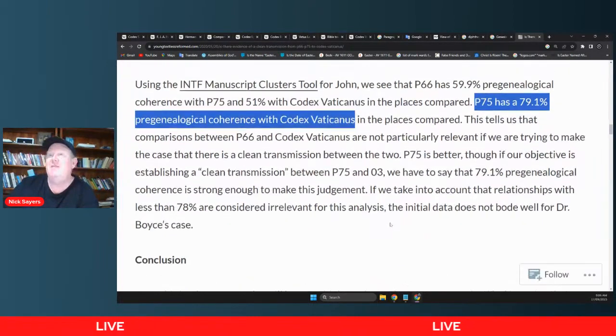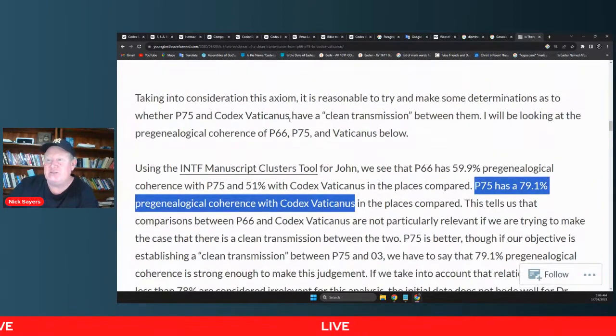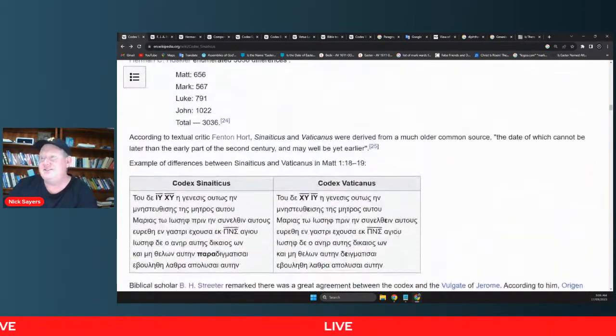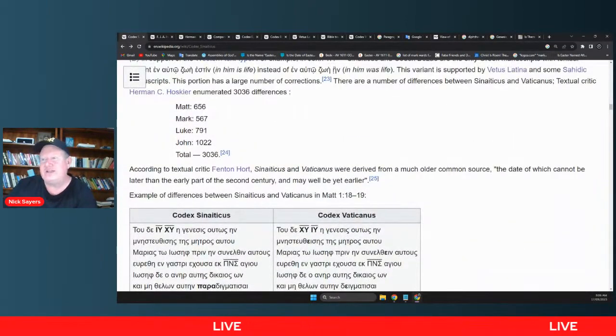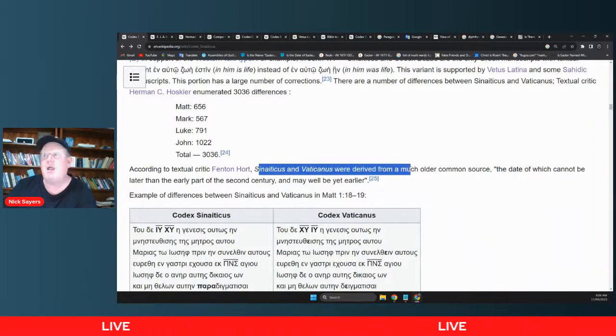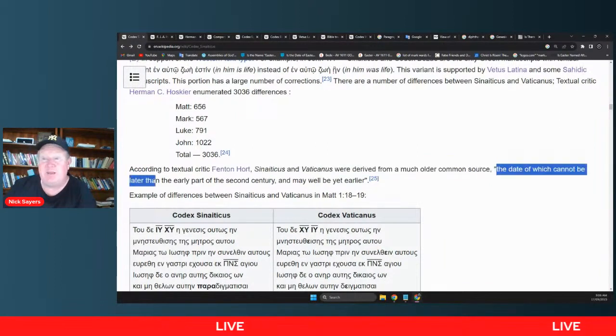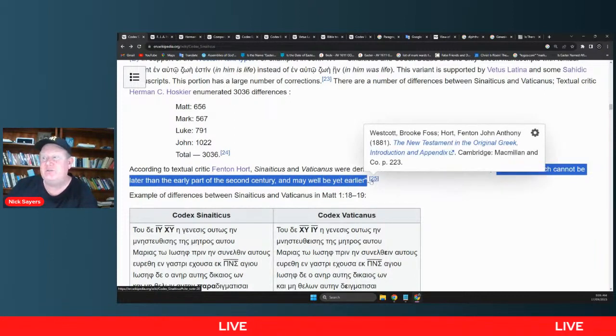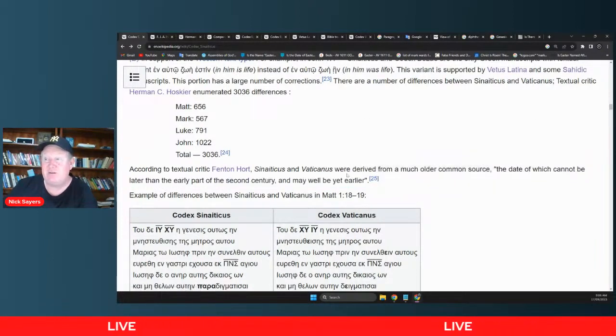And so when you take that into consideration with Codex Sinaiticus and P75, which is Papyrus 75, you can look at some of these things like Hort saying, oh, Sinaiticus and Vaticanus were derived from a much older common source, the date of which cannot be later than the early part of the 2nd century and may well be yet earlier. So this phantom document, this phantom manuscript, and they're saying, oh, it's an older thing, and these are related and all this.